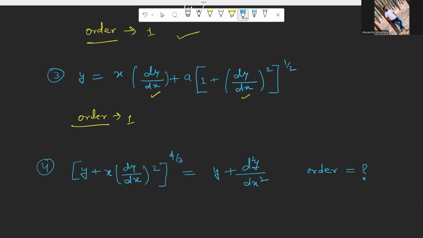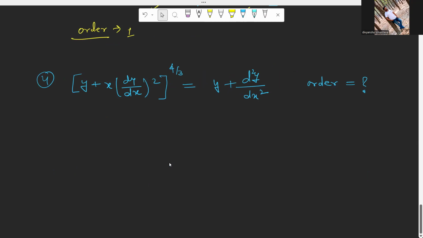Pause the video and try to solve this question. I will give you a few seconds. The highest derivative here looks like 2. So your order is 2 only.